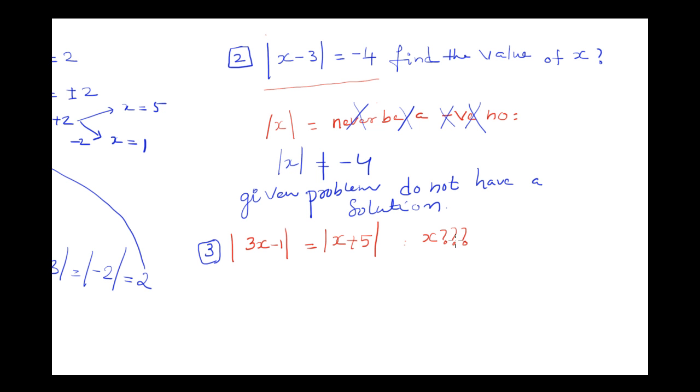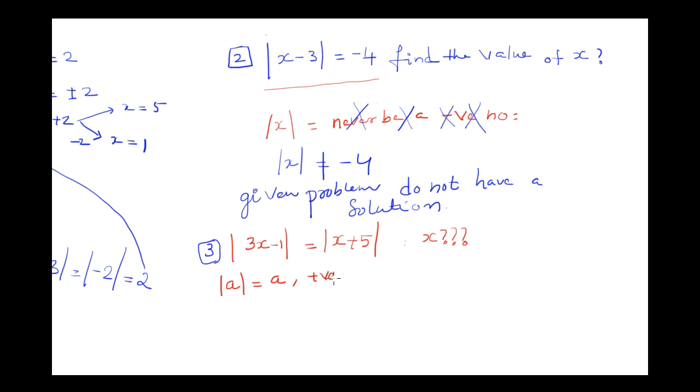Okay. Now let's go to a fundamental definition. We know that the absolute of any number, if you take absolute of a, we can write it as a if a is positive, and minus a when a is negative.